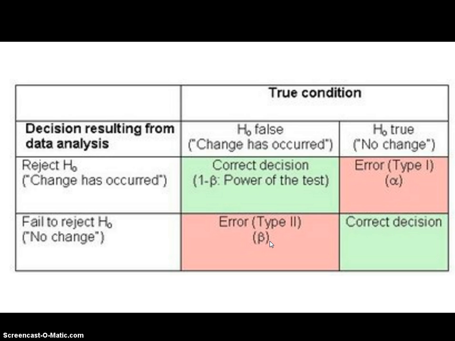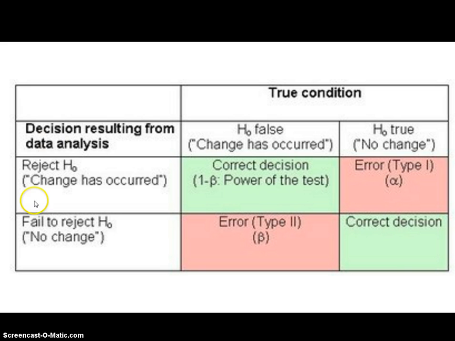However, 1 minus beta, the probability of actually getting it right, of correctly rejecting the null hypothesis when it's false, is really what we want, right? If we're creating an alternative hypothesis and we want to provide evidence of it, then our goal should be to reject the null when in fact it is false.